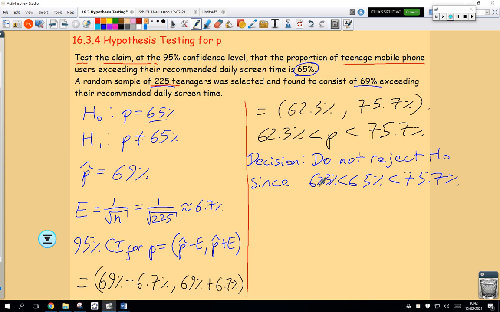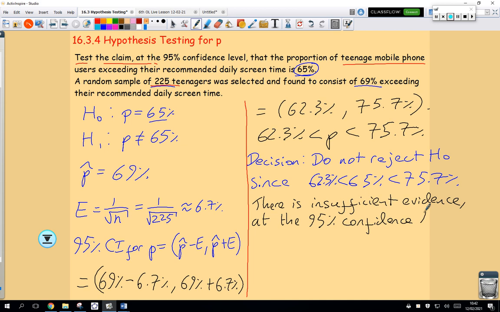And the way we'd put that into words is I'm going to say there is insufficient evidence at the 95% confidence level to reject the claim.